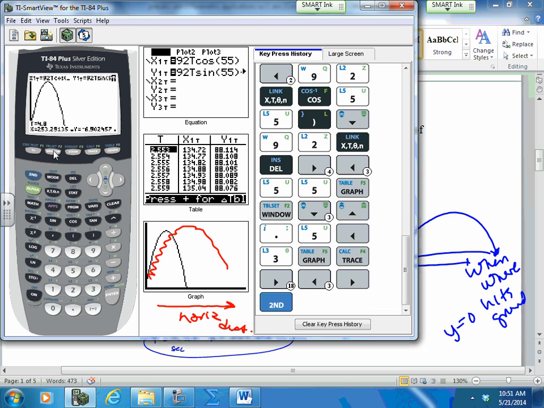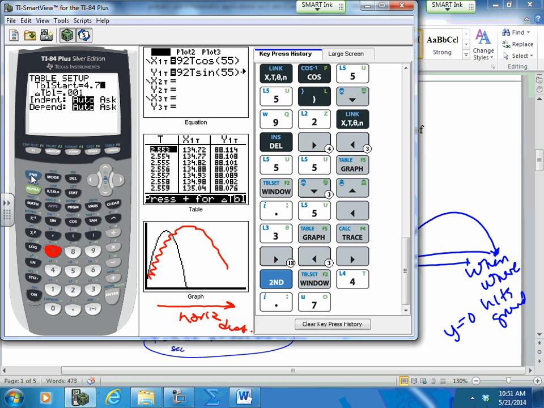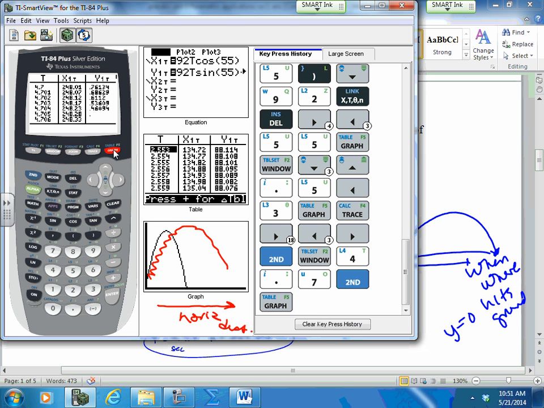So I'm going to set my table to 4.7. Just bring me a little closer to when the y is 0. I'm watching my y to be 0. Look how close we are. Right in here. So somewhere 4.711 seconds. That's going to be my answer when I hit the ground.